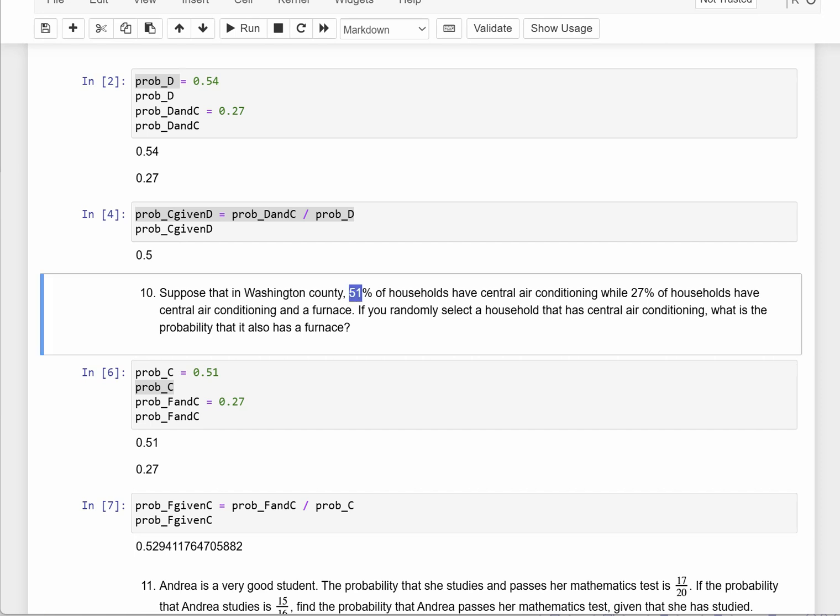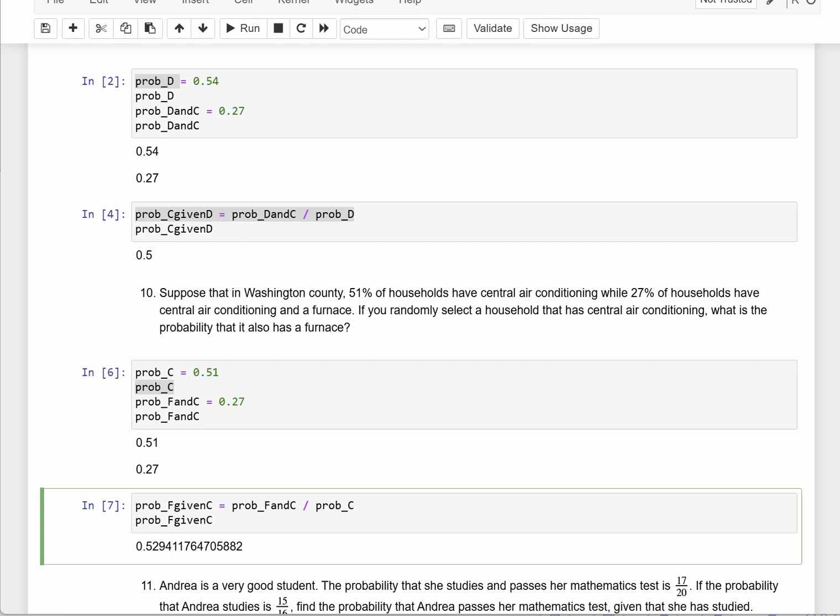We know that 27 is half of 54, so 27 is a little more than half of 51, which is smaller than 54. So yes, this value makes sense.